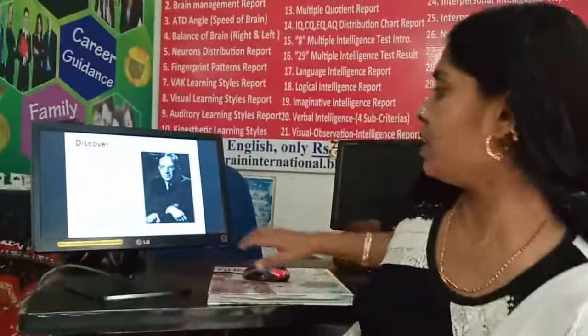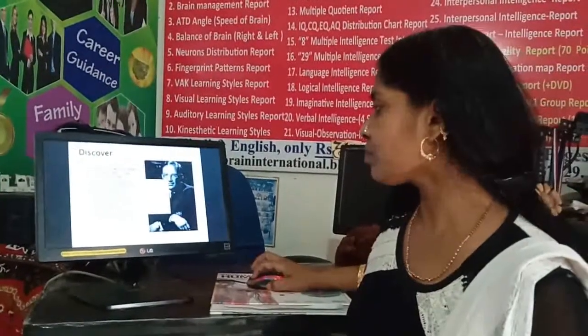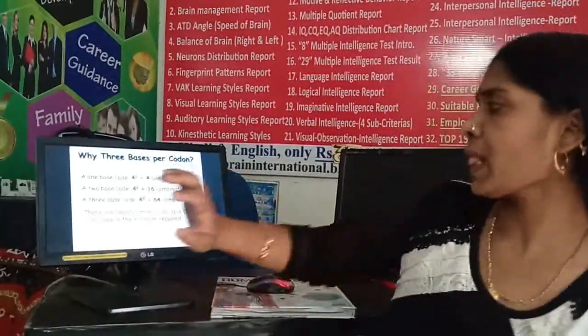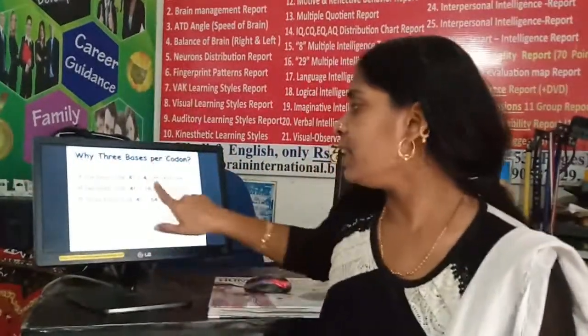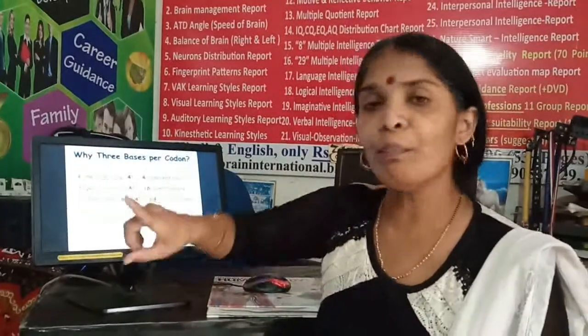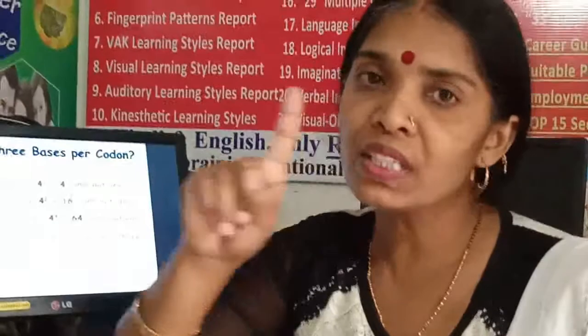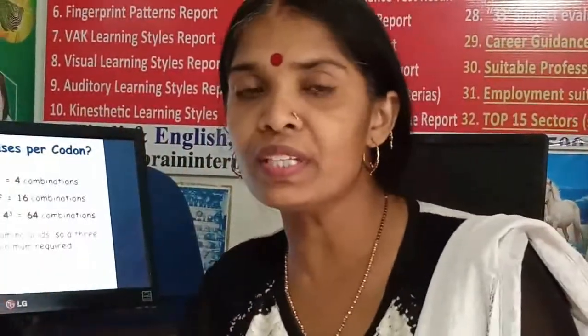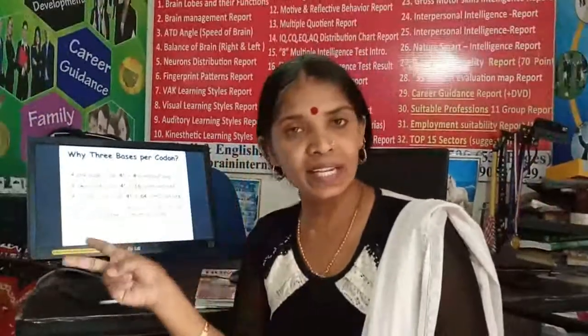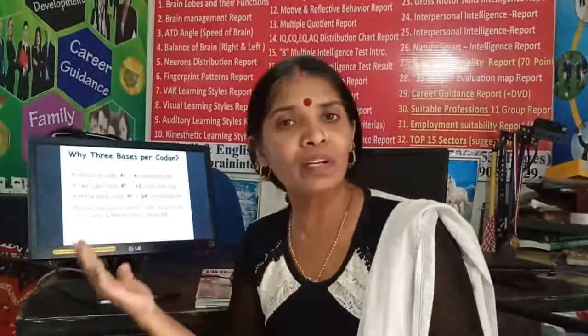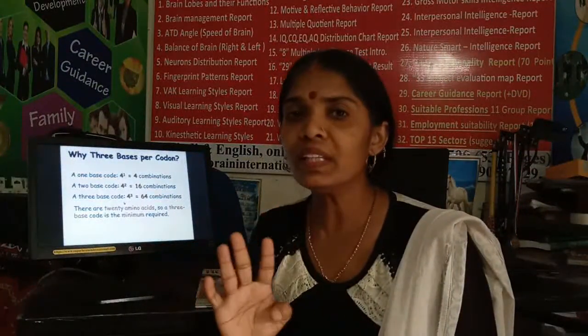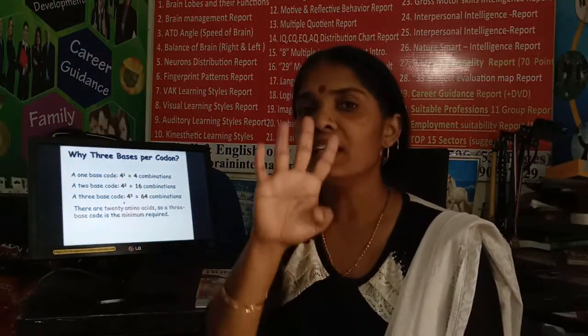See his calculation, what he decided. If there are 4 bases, and we take a combination of only one base for one amino acid, meaning A codes for one amino acid, T codes for a second amino acid, C codes for a third, and G codes for a fourth, then these 4 bases will code for only 4 proteins.